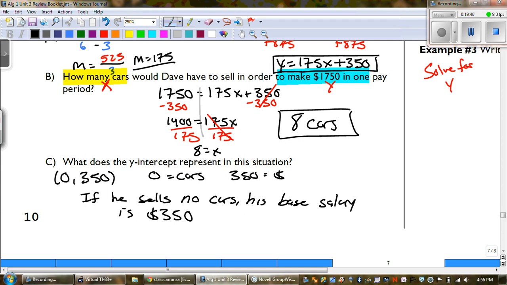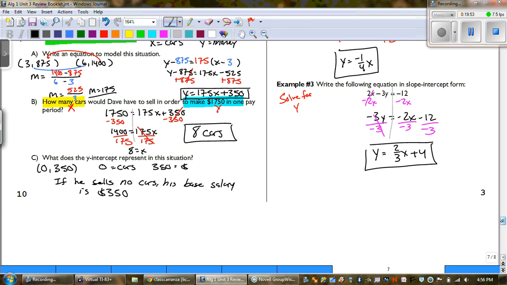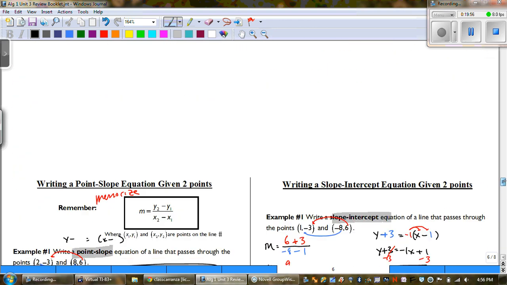If he doesn't sell any cars, he still gets paid $350 just for showing up to work. But that's why he gets commission. It's the extra money. So he tries to sell more cars.